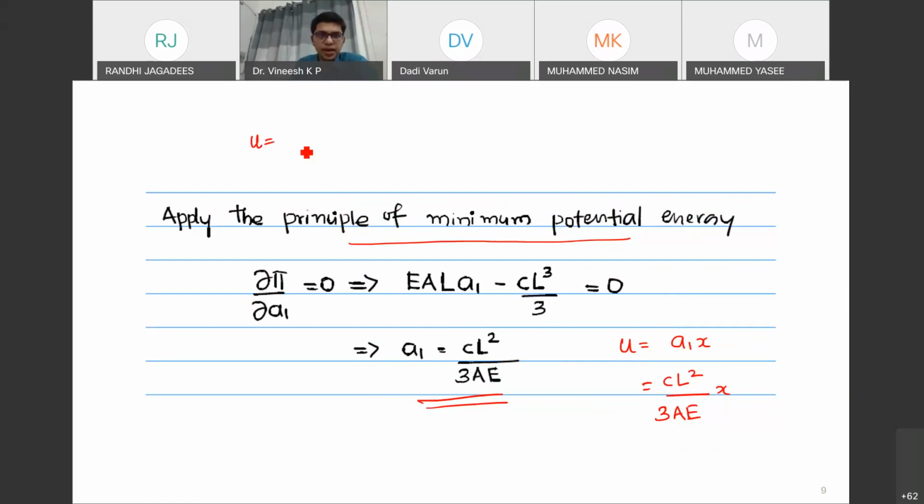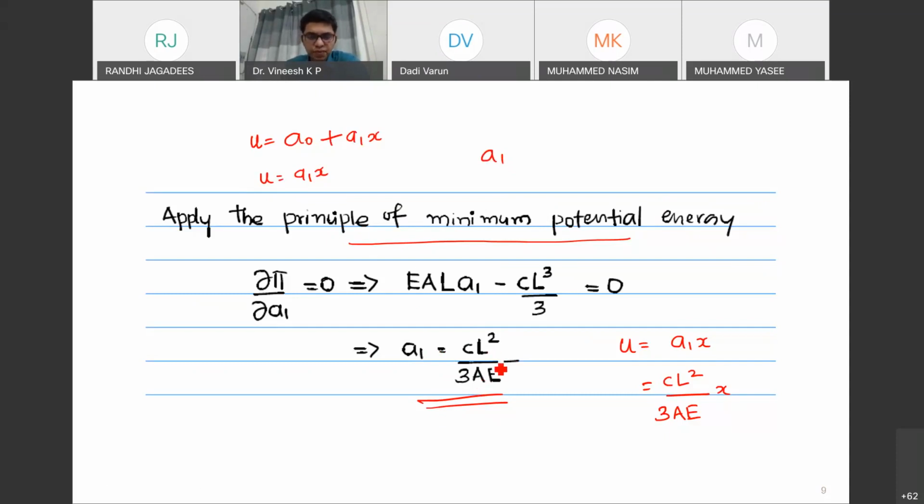Then your polynomial will be a1x, so u is equal to a1x. That is your function. Then you substitute in the potential energy expression and find the value of a1. So a1 we got as CL square by 3AE.